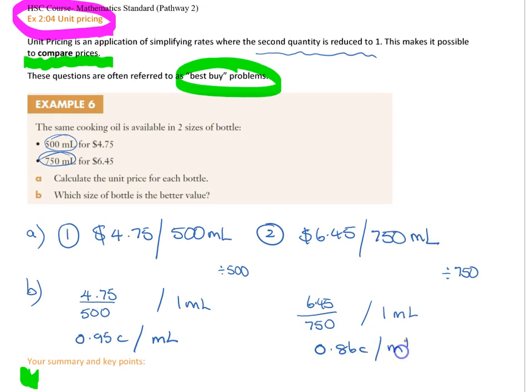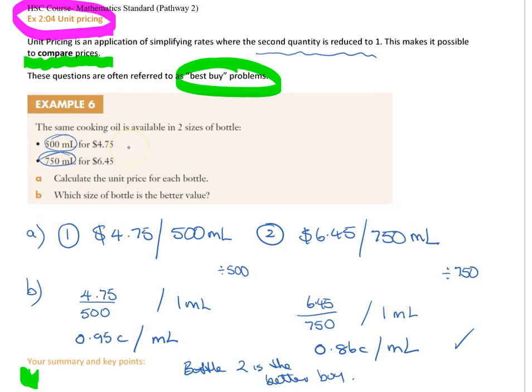cents per mil. So which is the better value? Well, for each mil you're only paying 0.86 of 1 cent per mil. Over here you're paying 0.95 cents per mil. So obviously bottle 2 is the better buy, and I guess that would be the one you would purchase, of course depending on whether you can afford $6.45.